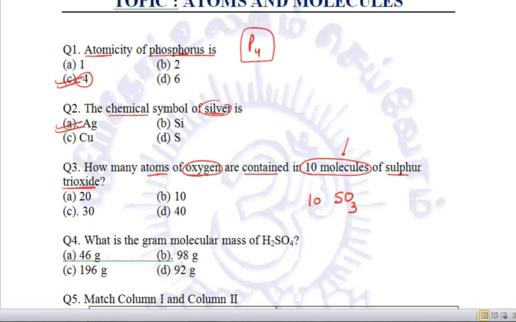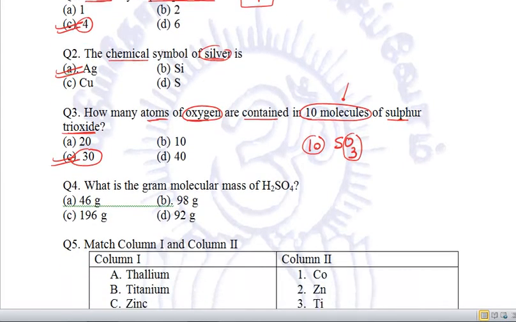In this sulfur trioxide molecule, we have got O3. Since there are 10 molecules, 10 into 3 will become 30. So there are 30 oxygen atoms present in 10 molecules of sulfur trioxide. Clear? Coming to the next question.